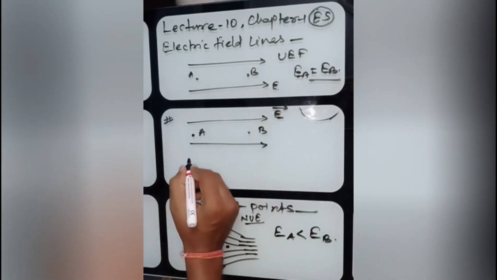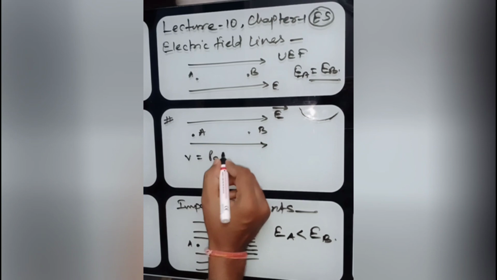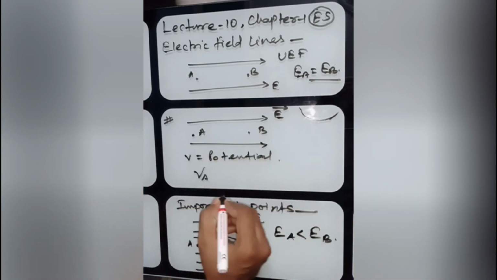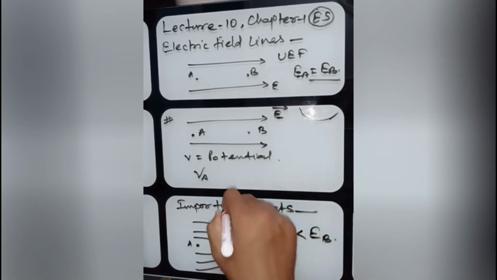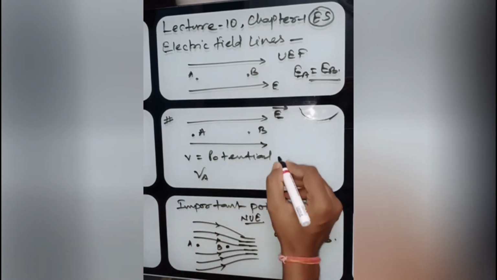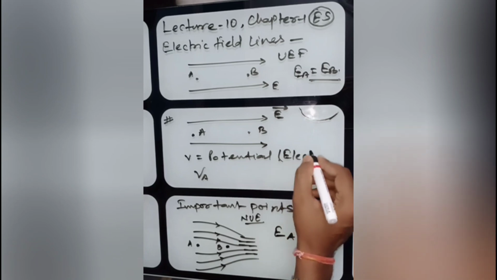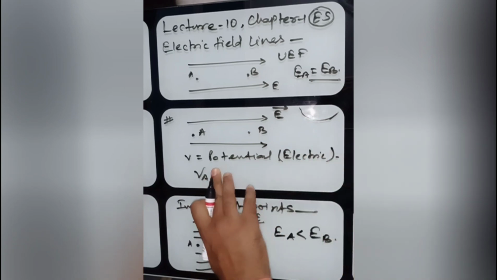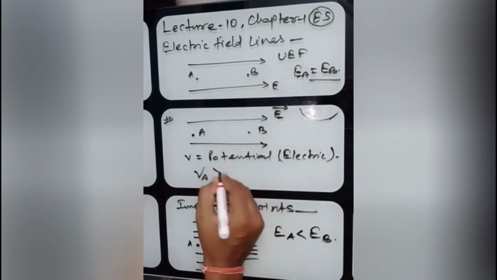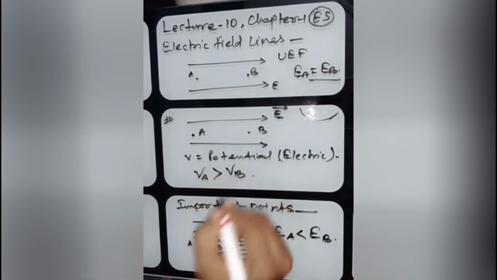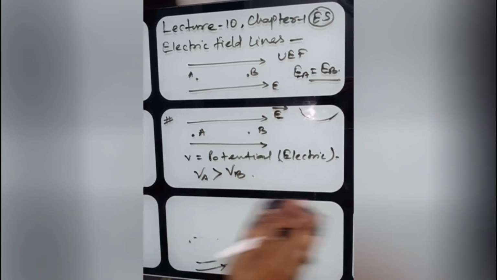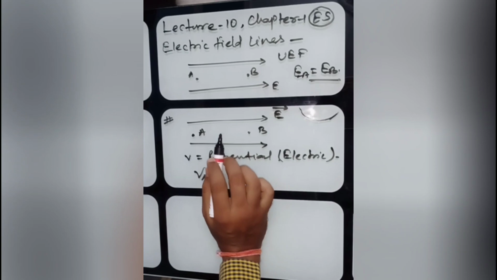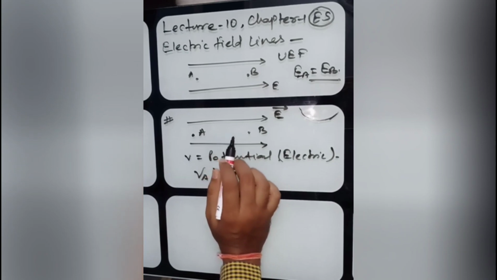If V is the potential, then the electric potential at point A will be higher than the potential at point B. Is it clear? Electric field lines move from higher potential to lower potential.